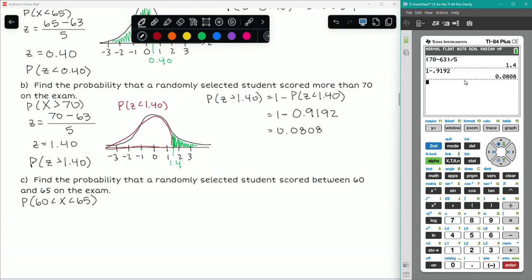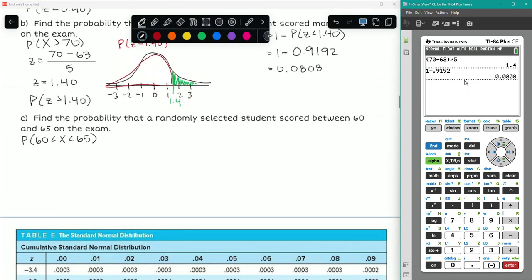And I've done the z-score for 65 in part A, so I don't need to redo that. I do need to do the z-score for 60. I don't have that one. So 60 minus 63 divided by 5, and that's going to give us negative 0.6.